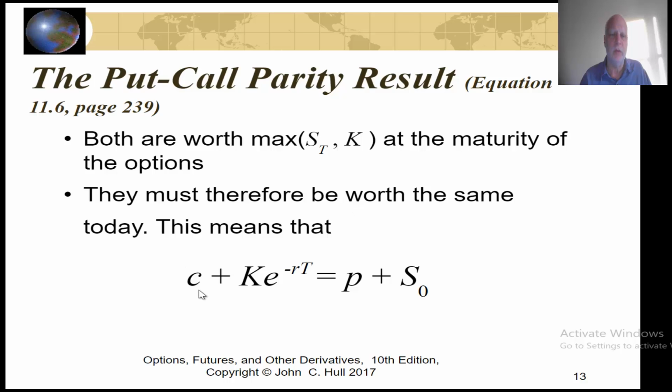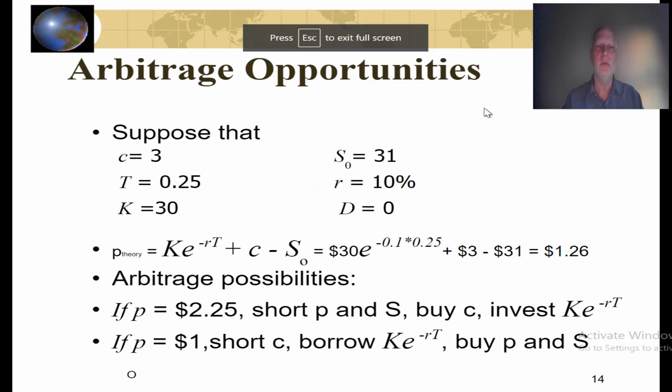This means that the sum of the price of a European call plus the present value of the strike price has to equal the price of a European put plus the stock price. Now let's consider possible arbitrage opportunities from the European put-call parity relationship.